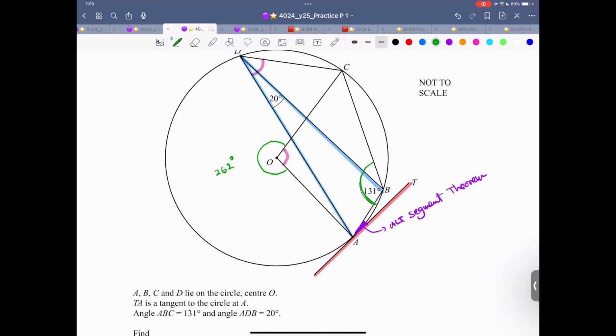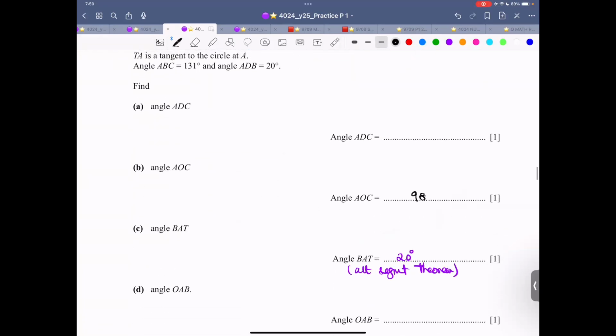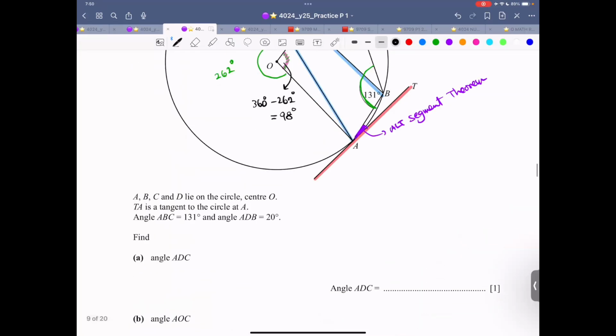And this angle over here should be 360 minus 262, that is 98 degrees. So therefore, this one is 98 degrees, which is AOC. AOC is 98 degrees. Got the idea?